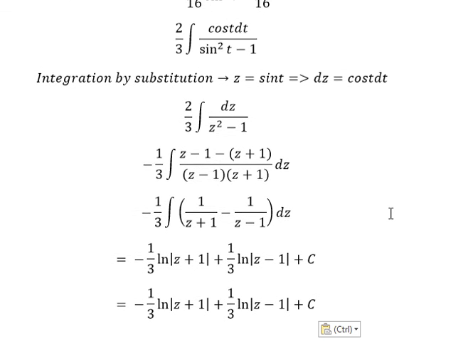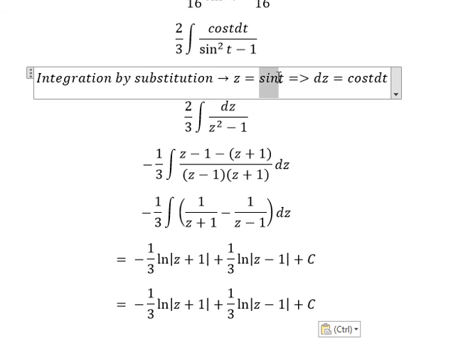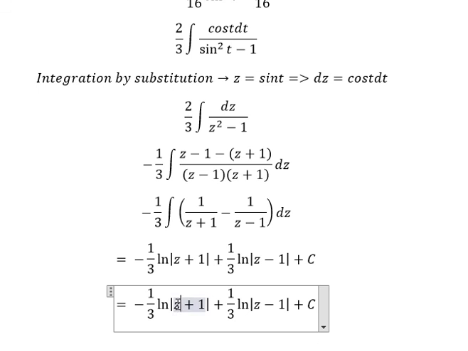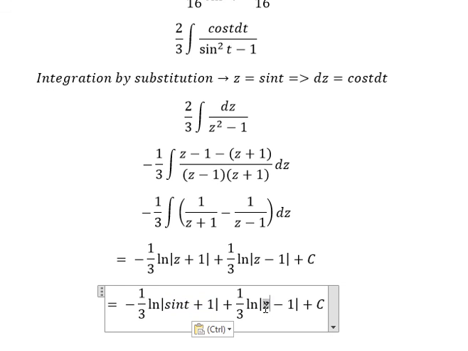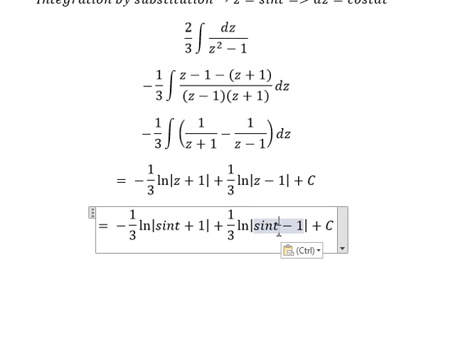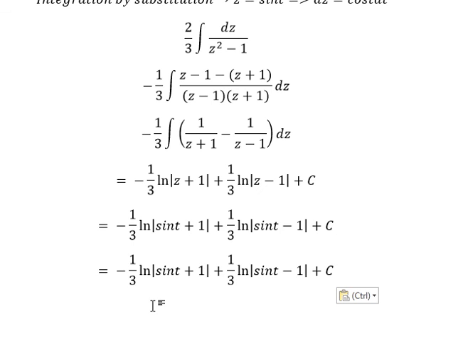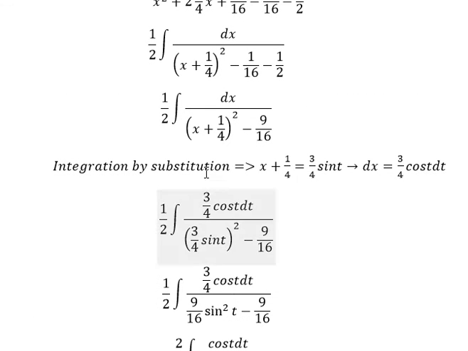About z, we need to convert back to sine t. About t, we need to convert back to x, and we have this.